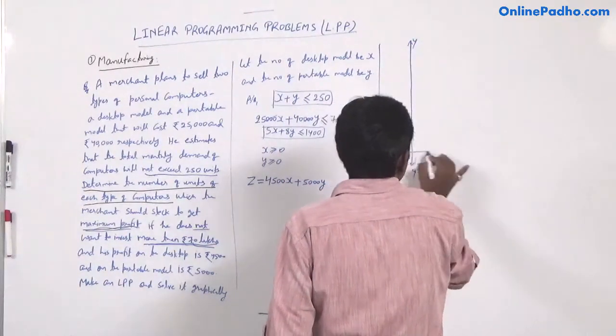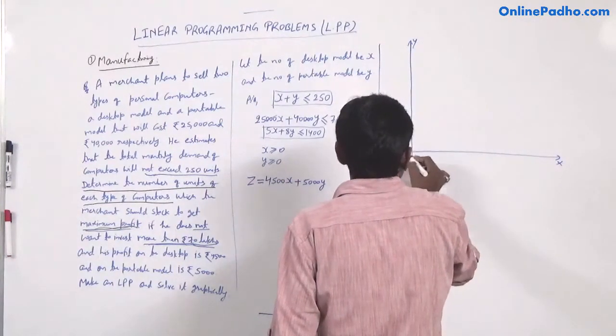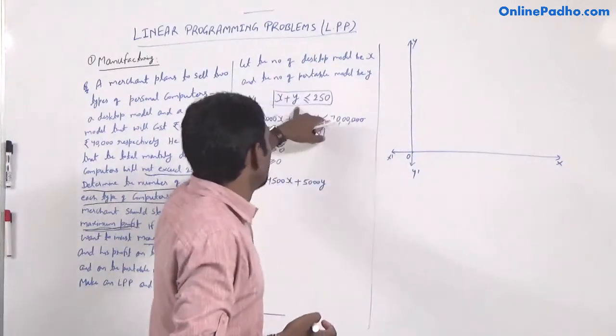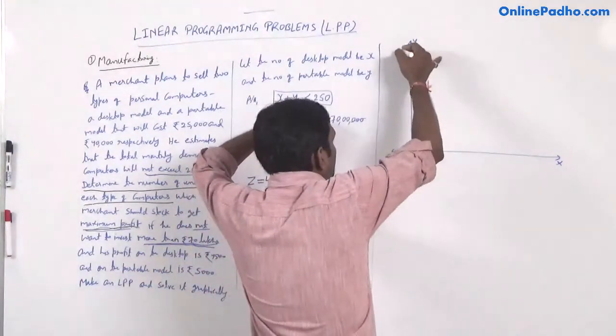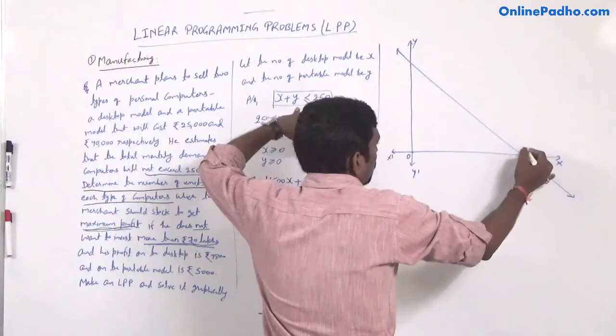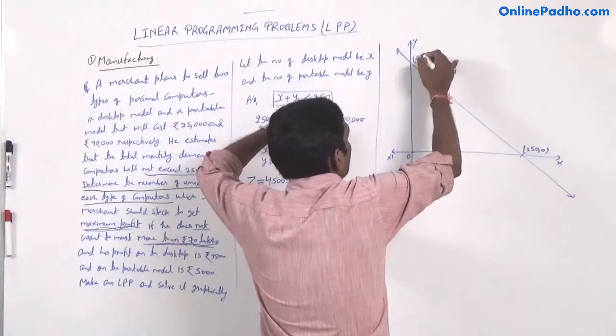We have coordinate axes X and Y, positive and negative, with origin. First of all, X plus Y is equal to 250. This is the straight line which passes through 250, 0 and 0, 250.